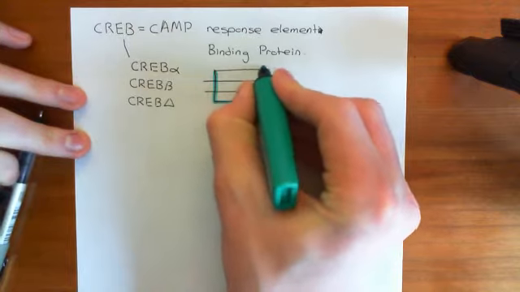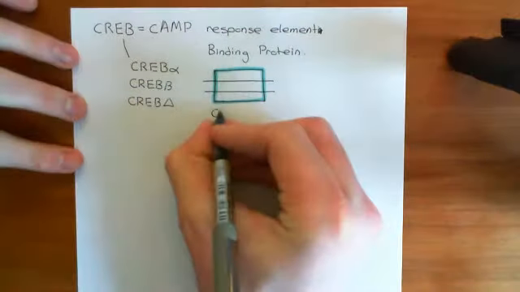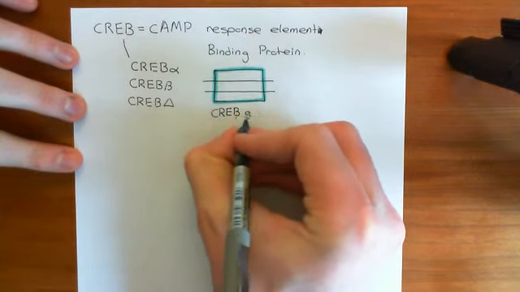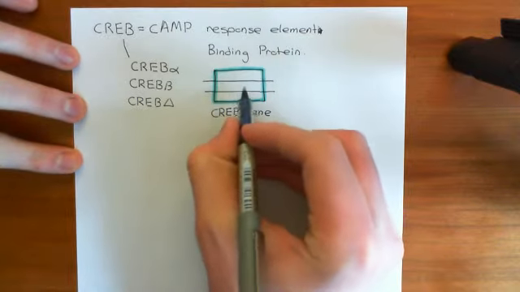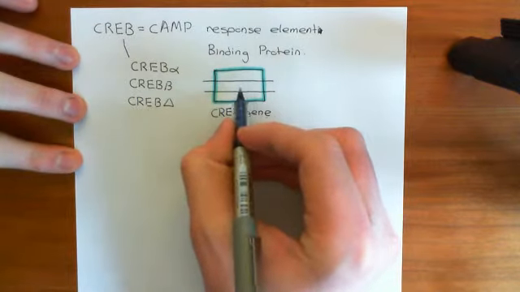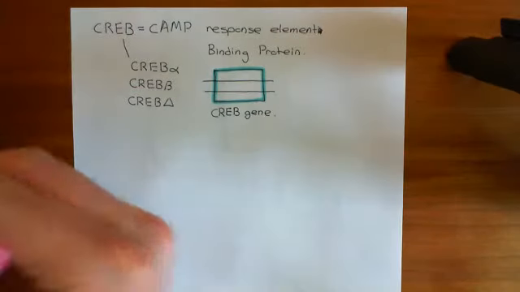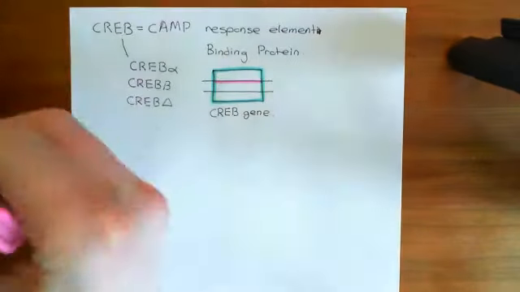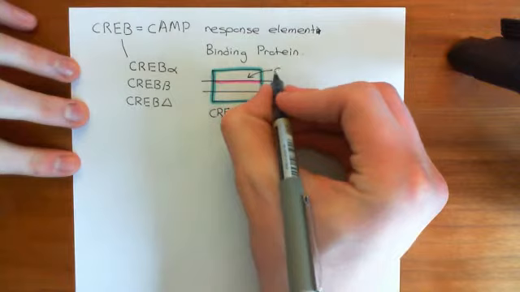So this portion I'm now highlighting in turquoise represents the CREB gene. Now, of those two strands of DNA, only one of them is going to actually be used by the RNA polymerase enzyme to produce a piece of mRNA. The one that is used by RNA polymerase 2 to make a piece of mRNA is called the coding strand.